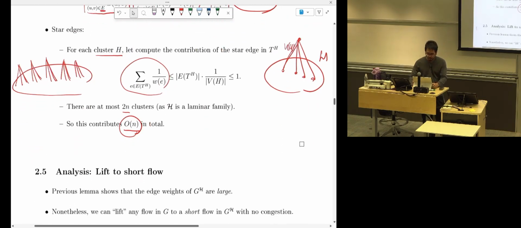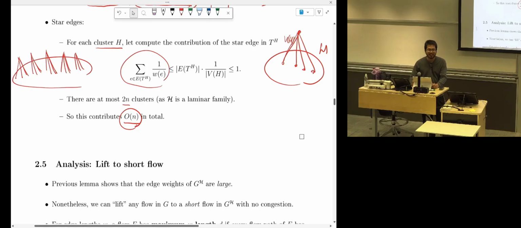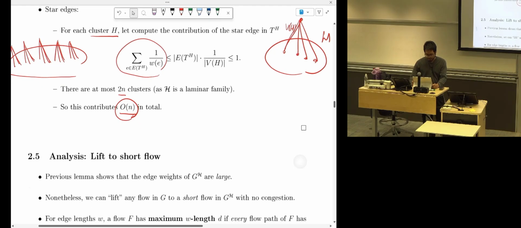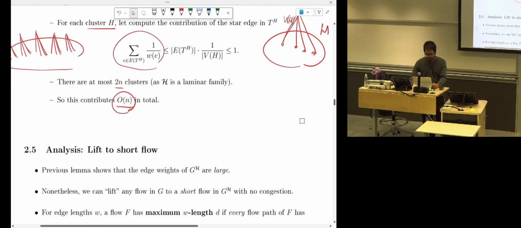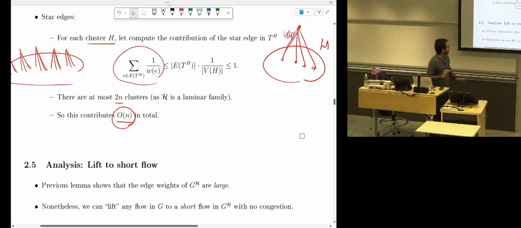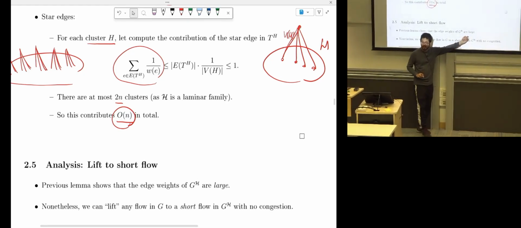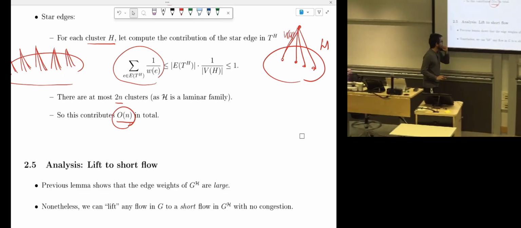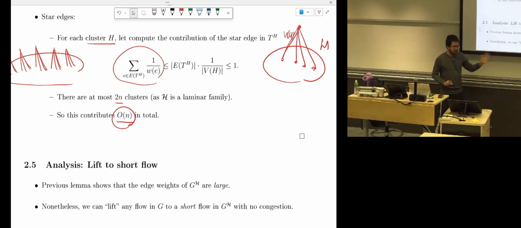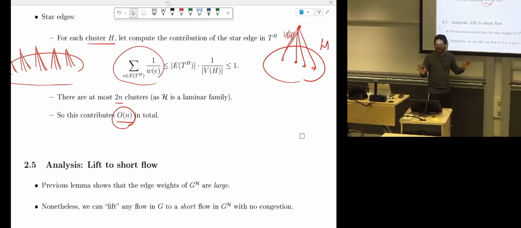Okay, now here is the core part. Previously I just showed that the weights are large. But now here's the core part.